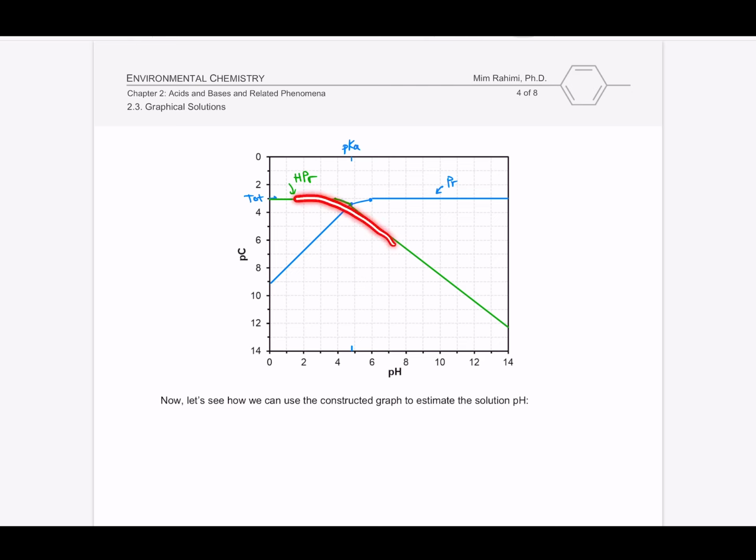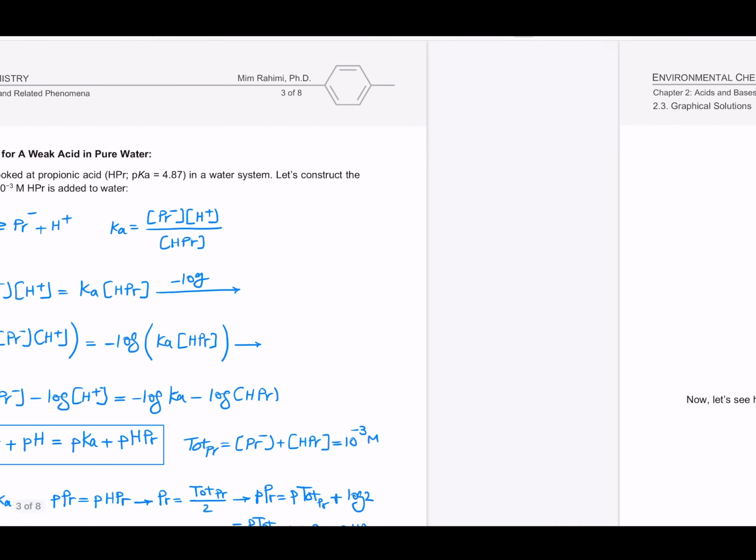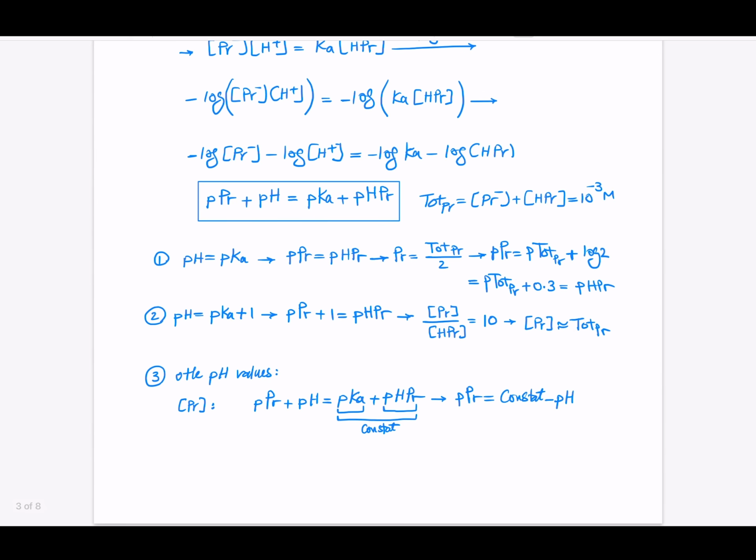So this is the slope for HPR. So we simplify this to the point, then the slope for this one is -1. We had 1 point, so we were able to construct the graph based on that, and the same logic for HPR.